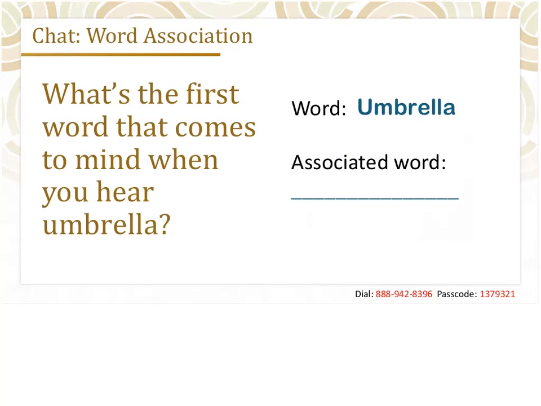Well, we see a lot of responses for rain. We also have shelter, protection, covered, cover, wet, coverage, the beach. That's great. Colorful. Let's see, got some more rain coming in. Prepared. Sun, rainbow.